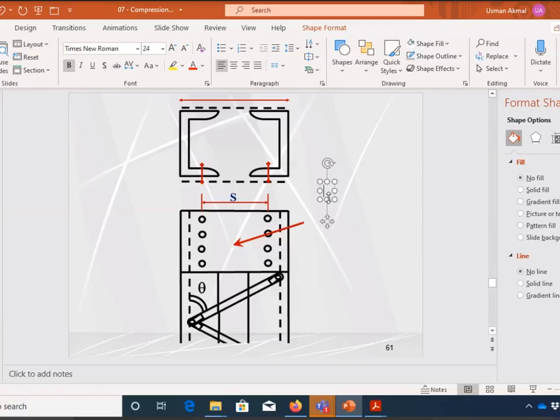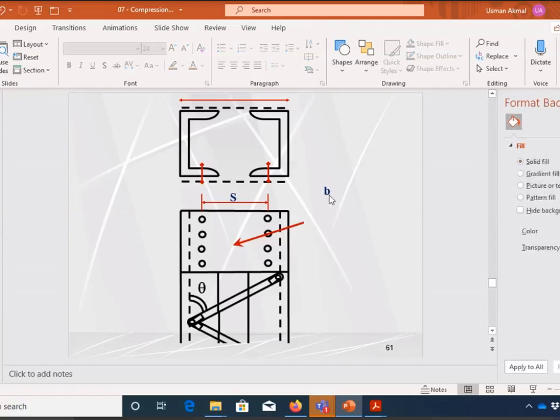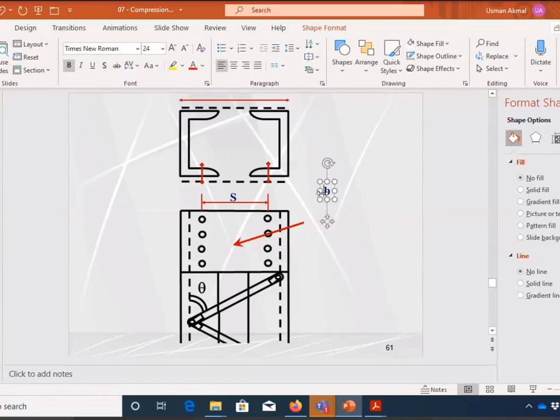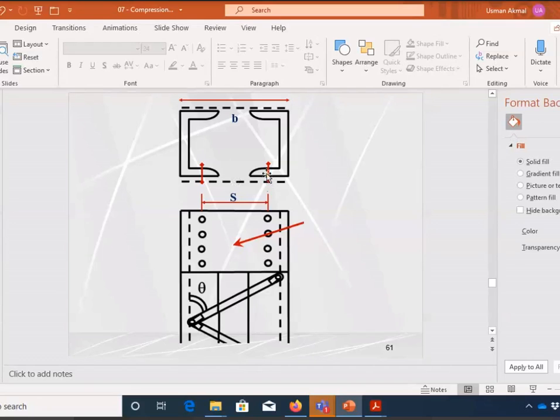Or simply you can say B. So this is the B value. So B distance from here to here is G value. But anyhow, I will explain how to compute this S value.